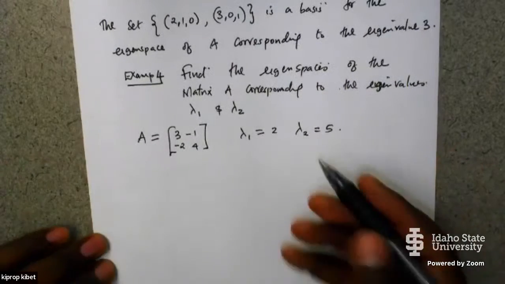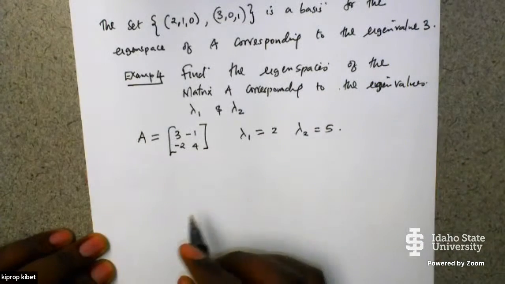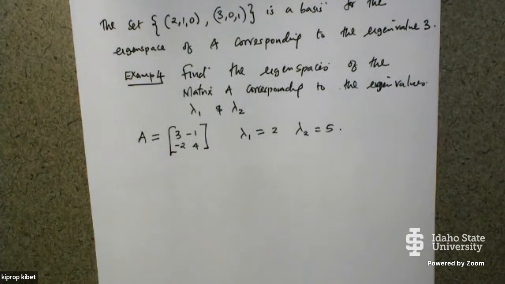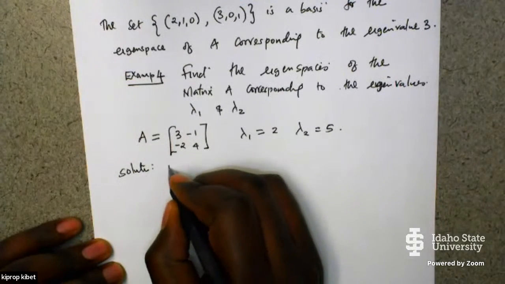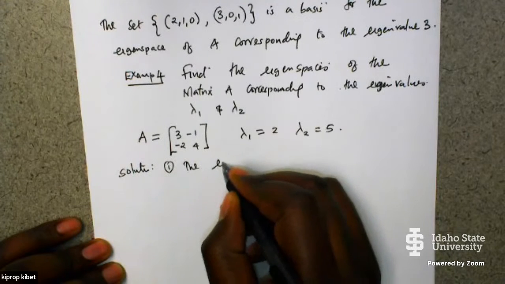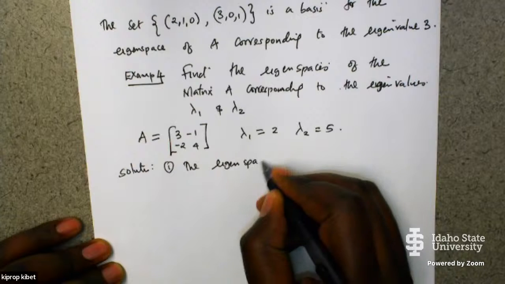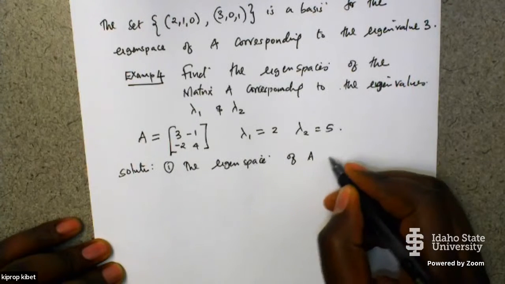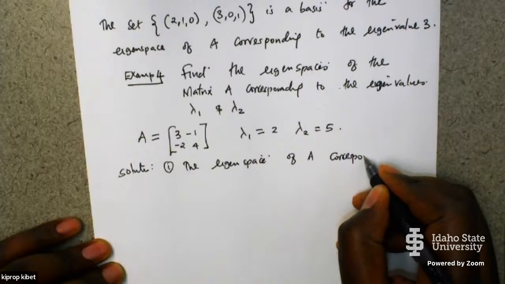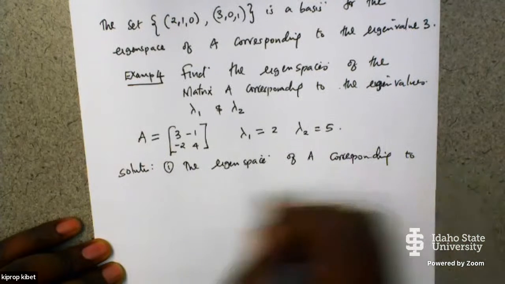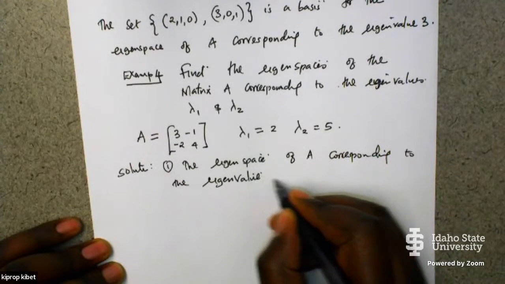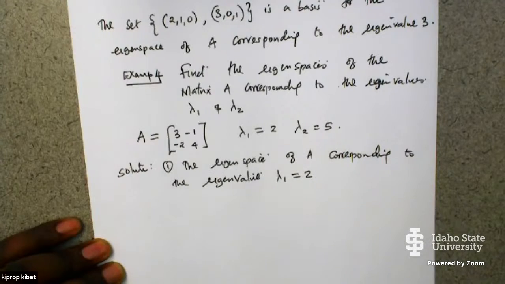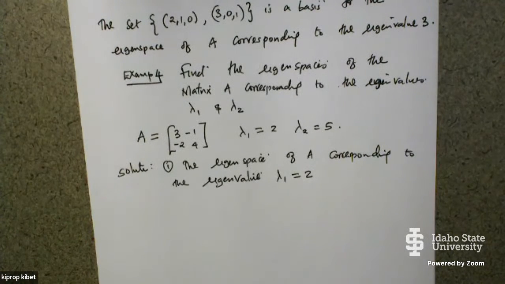So here, let's start from the first one where the eigenvalue is lambda 1, which equals 2. So the solution. Number 1, the eigenspace of A corresponding to the eigenvalue lambda 1 equals 2.